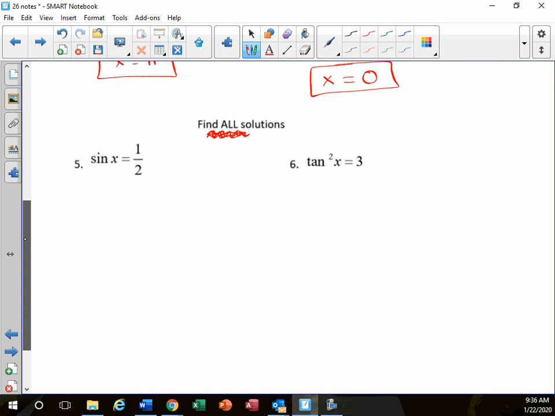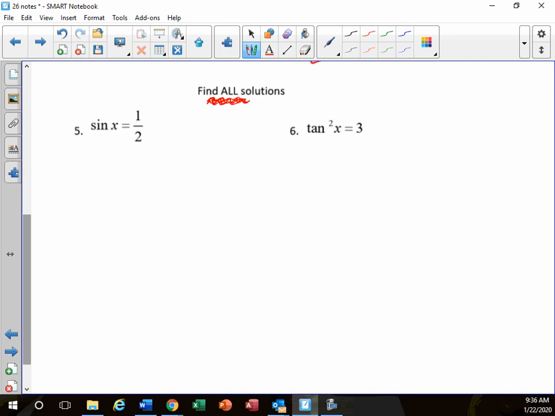So we're going to start the same way we have been. Sine of x equals 1/2. Where does that happen? What are my two answers if we were just going once around the circle? Pi over 6 and 5 pi over 6, okay? Now, how far is it all the way around the circle? 2 pi.